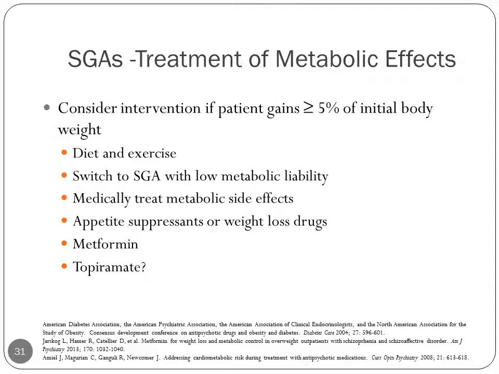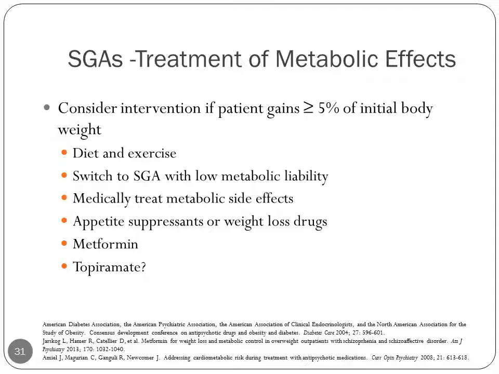You should consider an intervention for weight gain if a patient gains greater than or equal to 5% of their initial body weight. The FDA actually considers greater than 7% increase in body weight significant, so somewhere between that 5 and 7% range. Diet and exercise is obviously ideal. Oftentimes I'll find patients have pretty problematic diets or aren't exercising, but oftentimes this is hard for patients to make these types of changes.